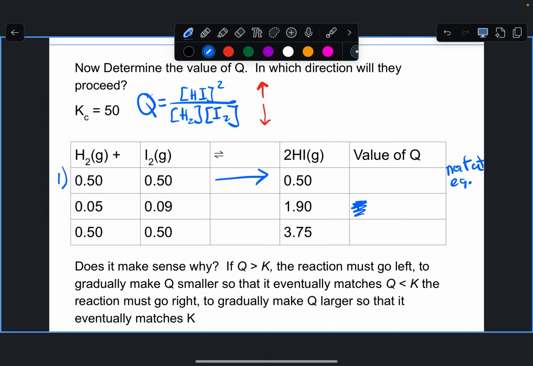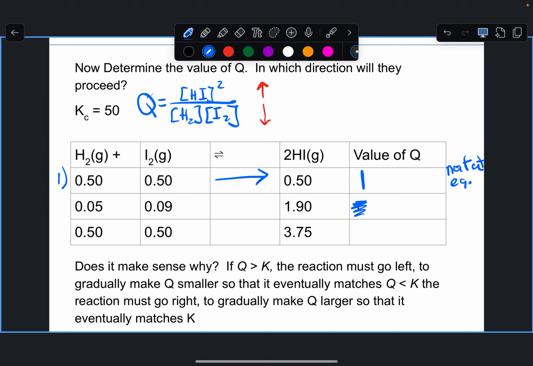So in this case, we got 1. And then we're looking at it and saying, okay, it is 1 currently. Does it need to go towards the products or go towards the reactants so that Q achieves the K? We're trying to get it to be 50, right? 1 needs to turn into 50. So how do we turn 1 into 50?